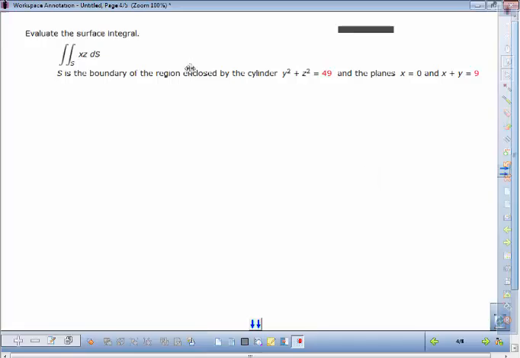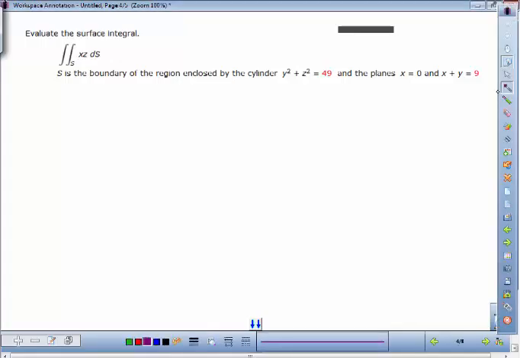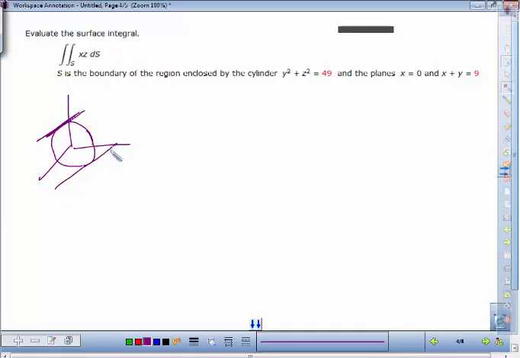So the boundary of the region enclosed by the cylinder. Let's draw a cylinder opening up along the x-axis. So y squared plus z squared is equal to 49, a circle of radius 7 on the yz plane, and then it's going to move along the x-axis.